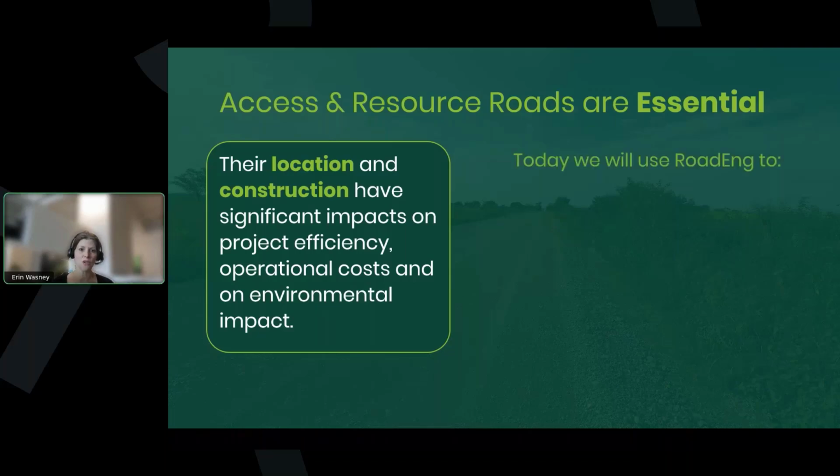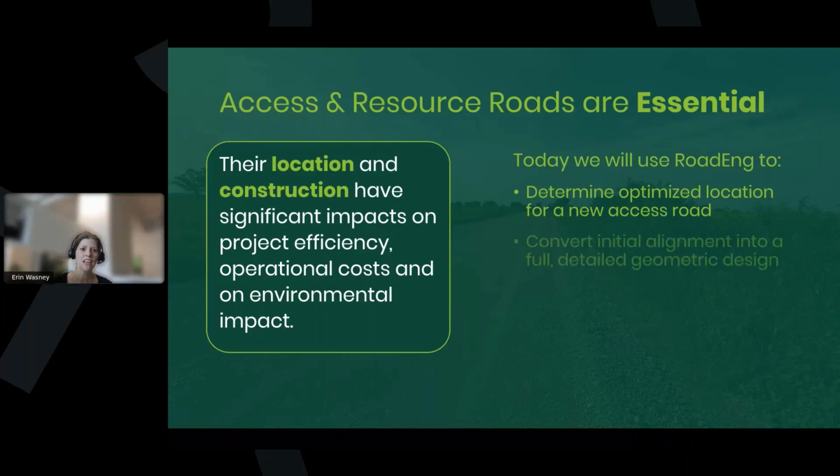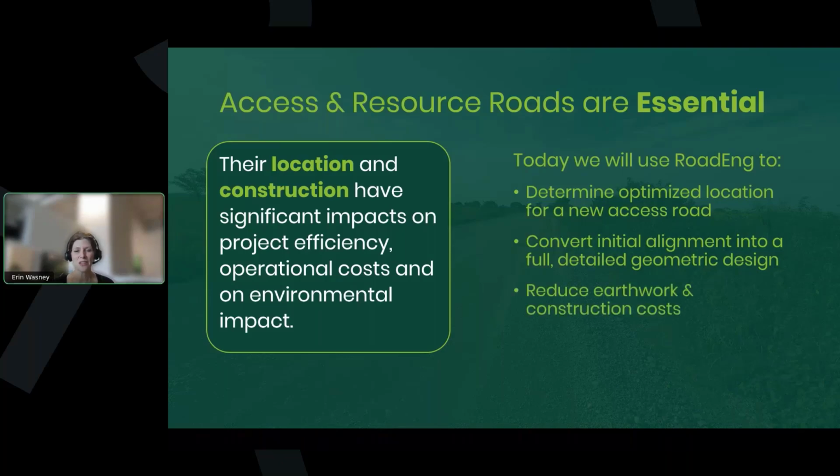Today we're going to show you how you can use RoadEng first and foremost to determine some optimized locations for that new access road, and help you convert an initial preliminary alignment into a full detailed geometric design where you can start to consider environmental impact items, such as the hydrology and the road's interaction with it and the terrain. We'll show you how to reduce your earthworks and construction costs, and a lot of that comes through minimizing how much you're cutting and filling. We're going to tackle that. And then finally, we'll show you what to do with it, whether you're exporting to another software or just looking to create some paper documentation to represent your road. So that's our plan on a page for today.